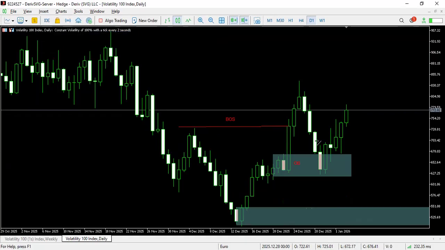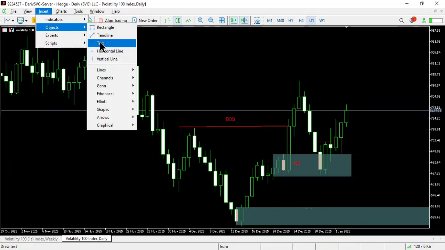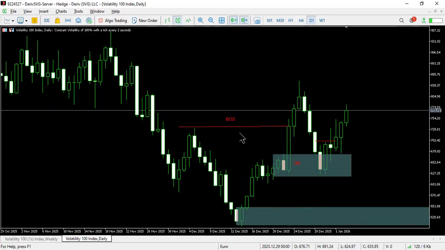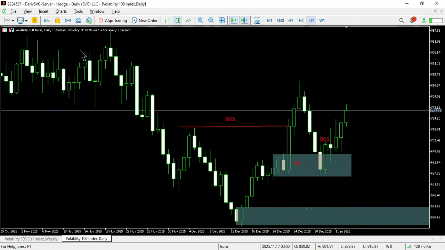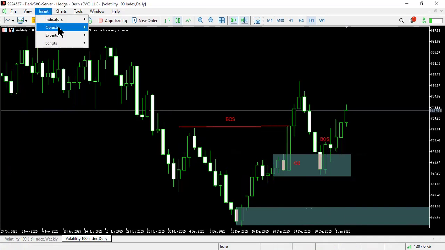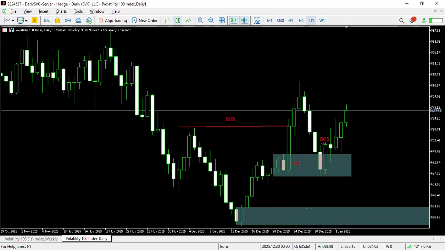If we can see, we have a recent break of structure, so we are going to work with that break of structure from the daily time frame. And then the recent order block, which is that one, the price just tapped in and it's pushing up from there.